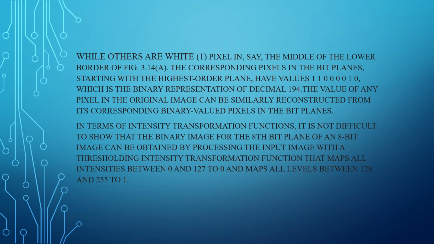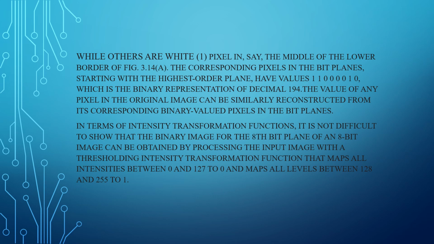Pixels in, say, the middle of the lower border of figure A, the corresponding pixels in the bit planes, starting with the highest order planes, have values 11000010, which is the binary representation of decimal 194. The value of any pixel in the original image can be similarly reconstructed from its corresponding binary valued pixels in the bit planes.